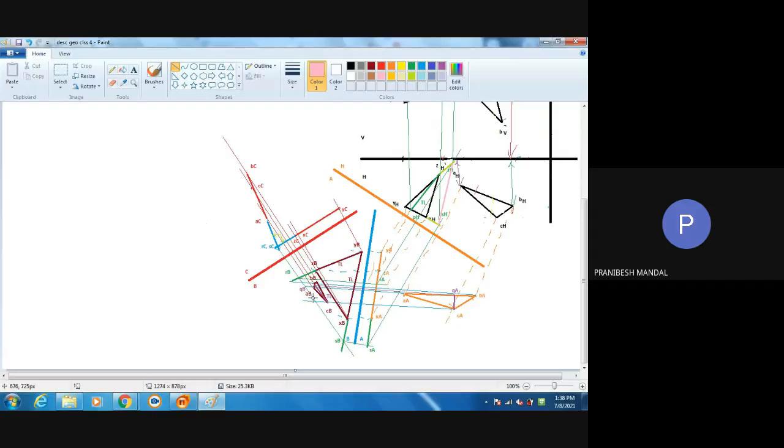I can take any 2 points on this line and I can specify this line. Got it? Yes, sir. This line is not only this line segment, this is very, very extended. Okay. I think you have got what to do. Yes, sir.